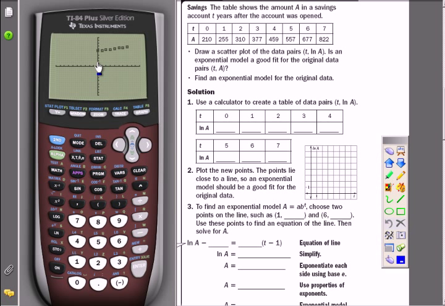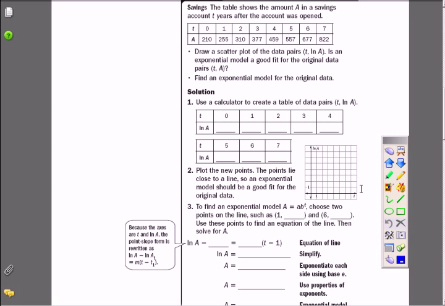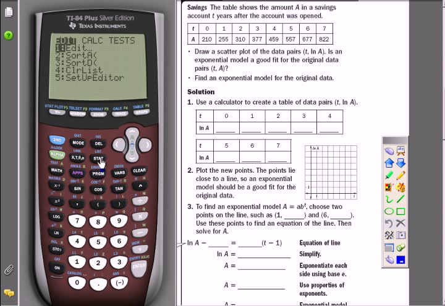Okay? So that's just kind of filling us in on that whole concept. Now, to find an exponential model, y equals a b to the t, let's reduce this a minute and get back to our notes. To find an exponential model, y equals a b to the t, choose 2 of the points on the line, such as 1. Now remember what 1 was, and we got to go back to our calculator because Mr. Emiot didn't leave that up.